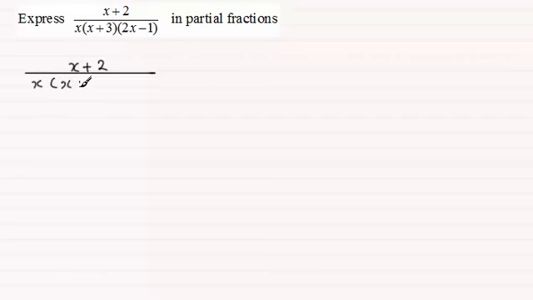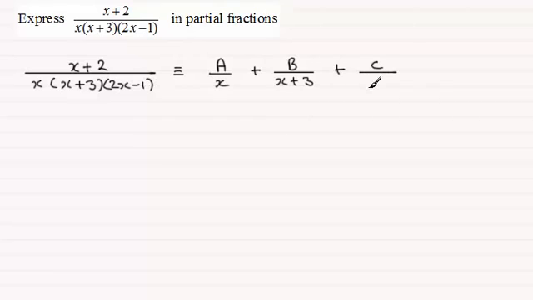And I showed you that linear factors give rise to partial fractions of the form a constant, let's say A, over the first linear factor, which in this example is x, plus another constant, B, say, over the next linear factor, which is x + 3, and then another constant, C, say, over the last linear factor, 2x - 1.